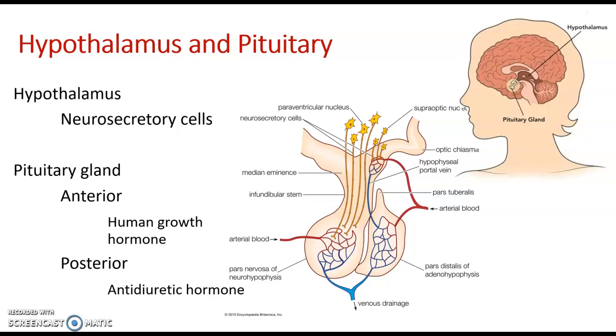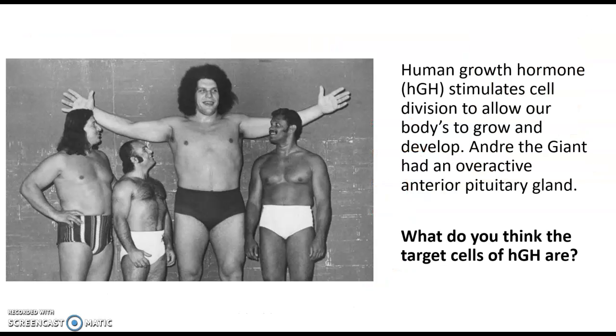Let's look at a couple of examples: human growth hormone and antidiuretic hormone. So human growth hormone is produced by the anterior pituitary, and it's produced in relatively high amounts during early childhood and adolescence, and then begins to taper off as we get into adulthood. This makes sense because childhood and adolescence is when we're doing a large amount of our growing, and then as we reach our adult size, that growth slows down.